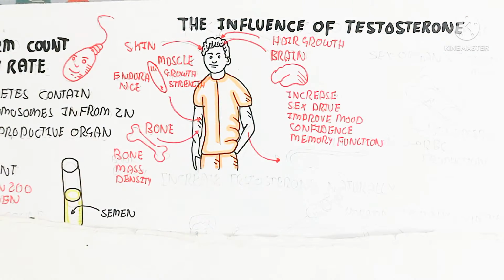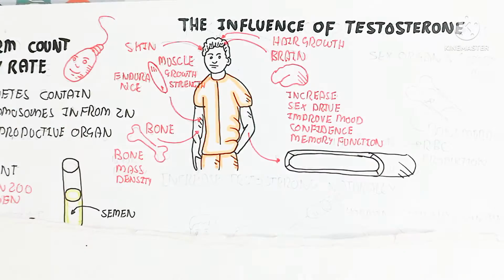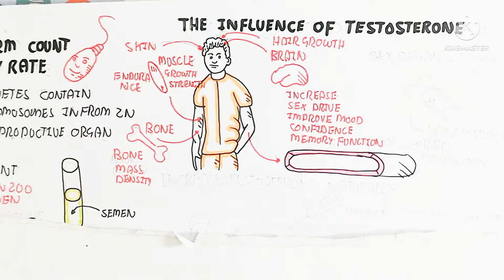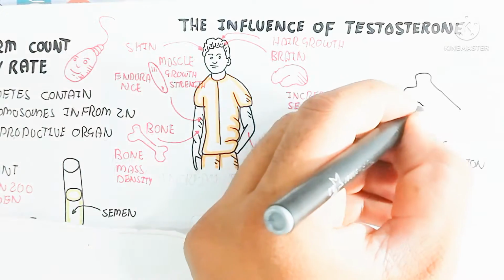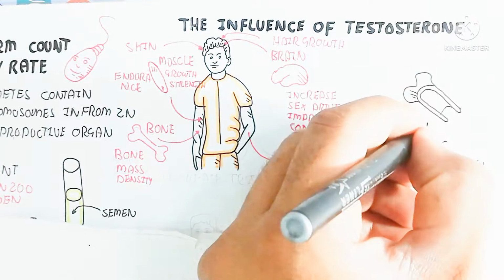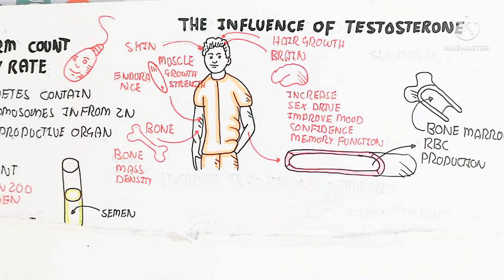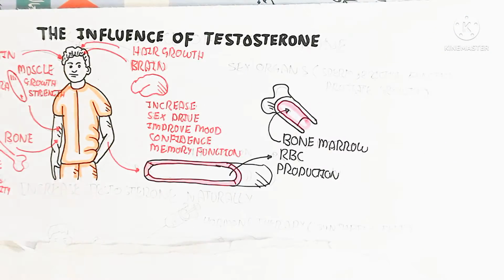On the other hand, RBC production from the bone marrow increases, because the density of the bone marrow will increase. That is why it is directly linked with red blood cell production, because erythrocytes are produced from the bone marrow. On the other hand, the sex organs will develop, sperm will increase, with erectile function and prostate growth.